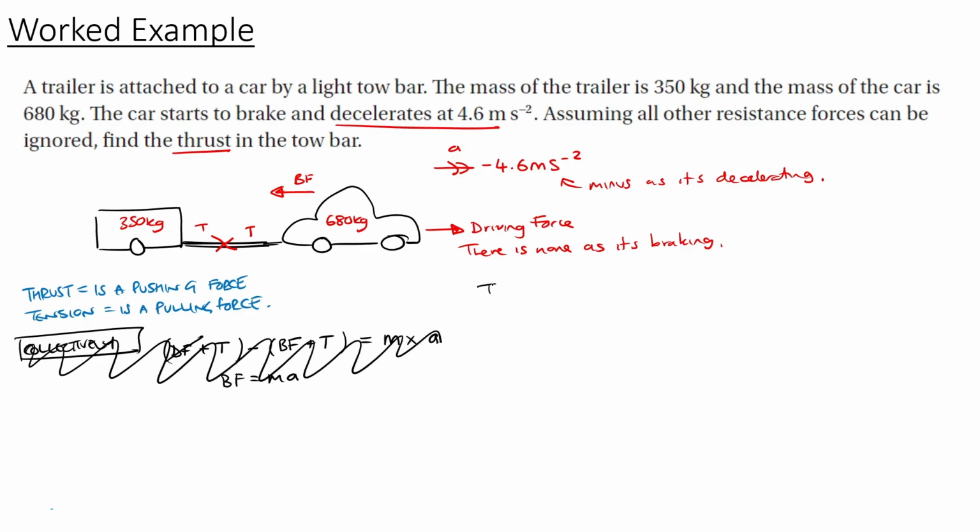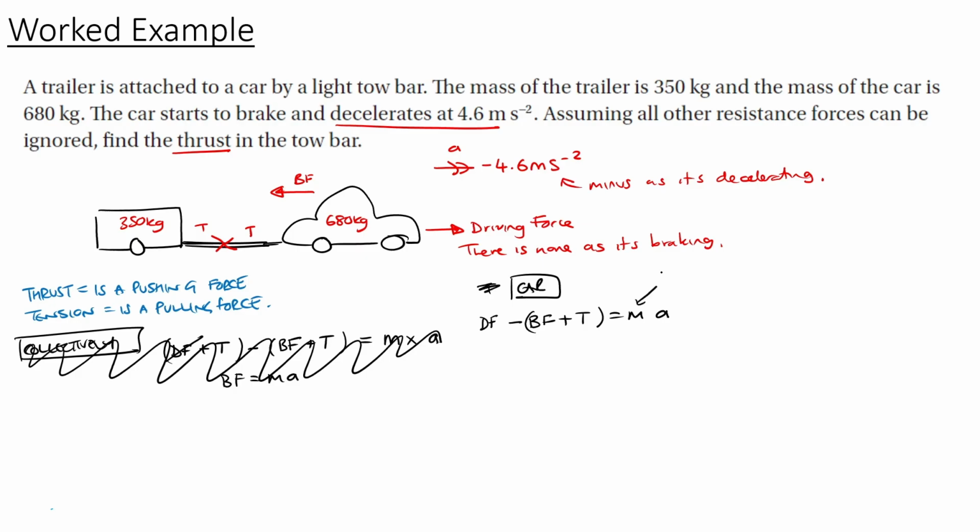Then if I look at the car, again, looking at the forces on the car, I'm going to end up with, well, there is no driving force. So it's going to be minus BF plus, so if I just write DF here, plus T equals MA.